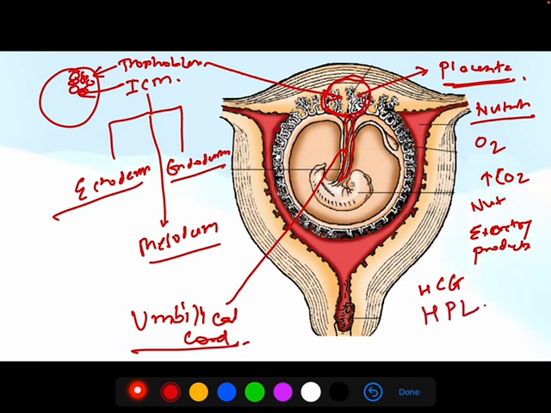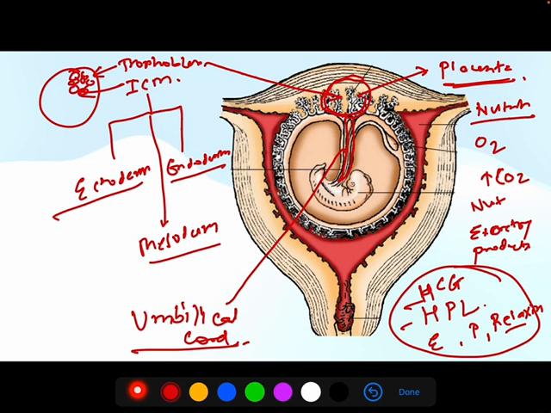Then we have estrogens, we have progesterone, and another hormone called relaxin. Now, these hormones, that is HCG, HPL, relaxin, etc., are formed only during pregnancy. So this is an indicator of pregnancy.